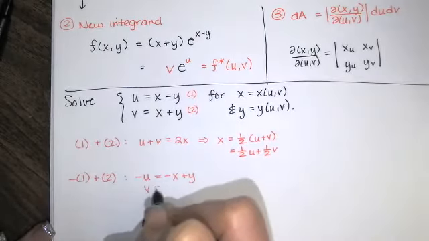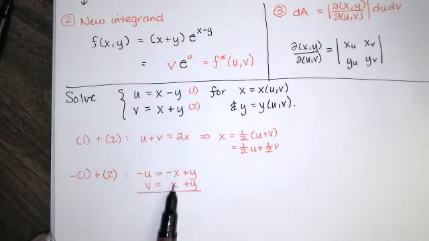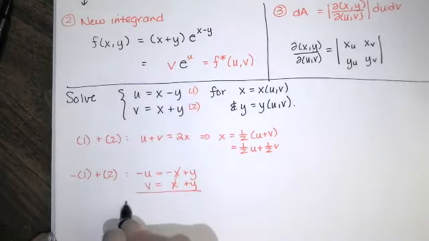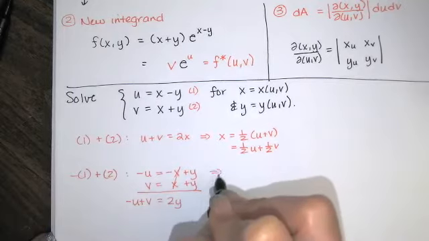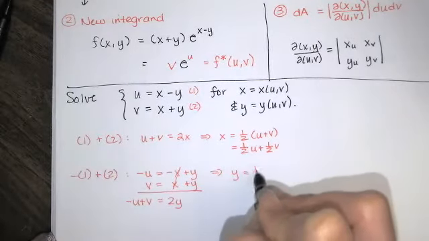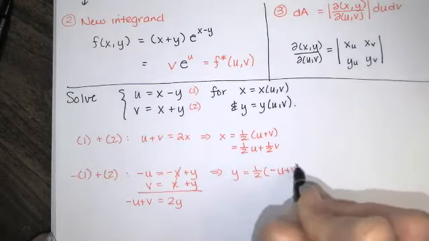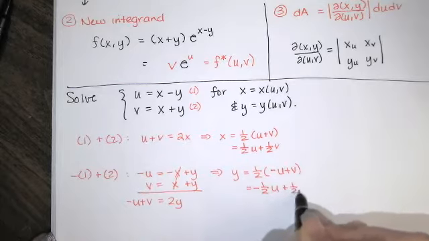And now when we add them together, multiplying that top equation by -1 allows us to eliminate the x's. This -x plus x will give me 0. So when I add these together now, I've got -u plus v equals 2y. So divide by 2. Now you've got -1/2 u plus 1/2 v.